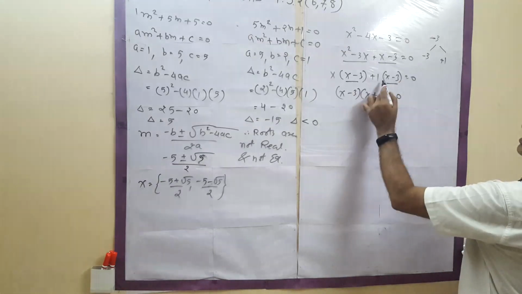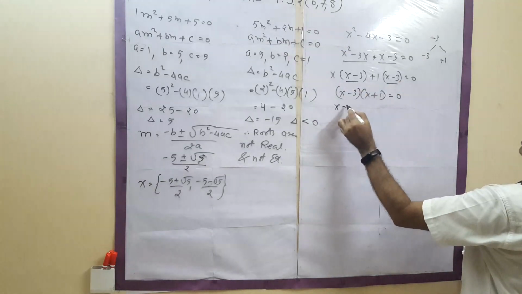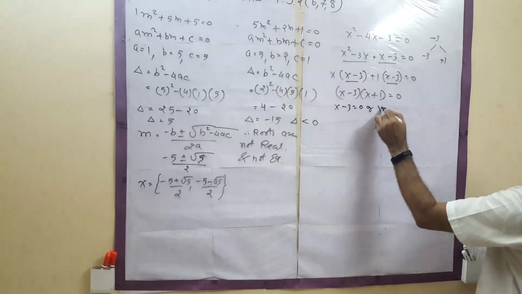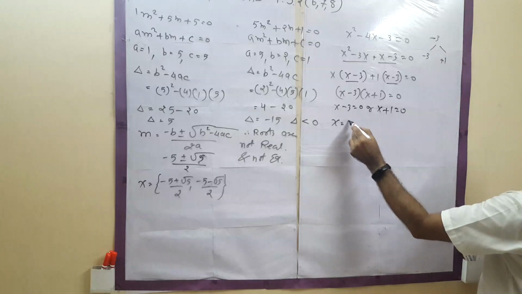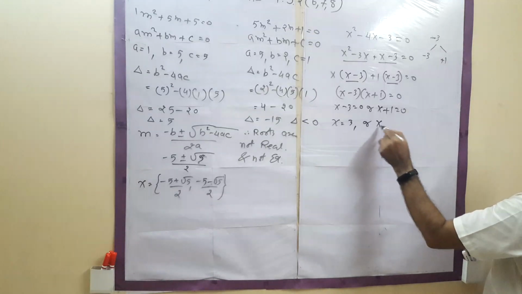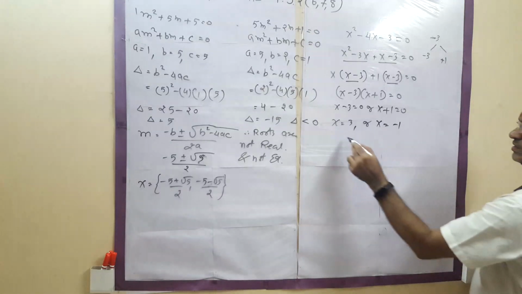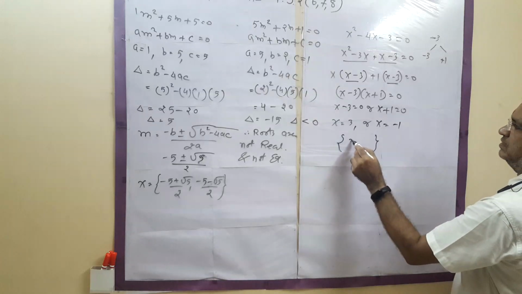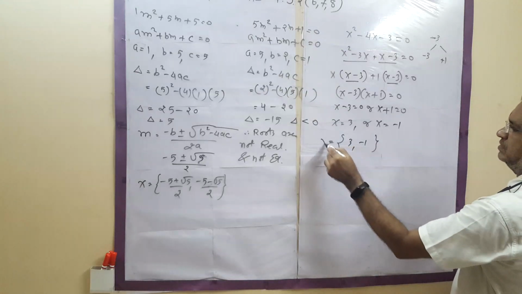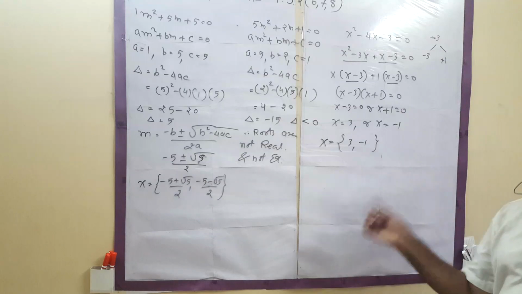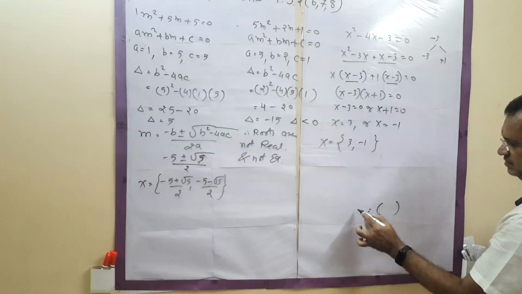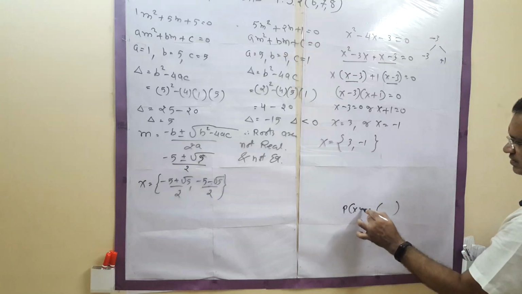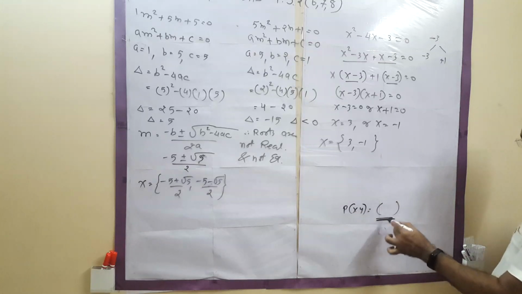This common of common, x minus 3 is equal to 0 or x plus 1 is equal to 0, x is equal to 3 or x is equal to minus 1. In the previous chapter we were writing like that, p x y. What does this bracket mean?